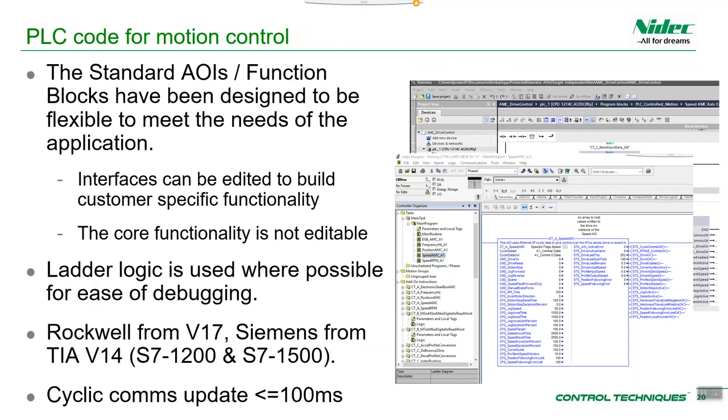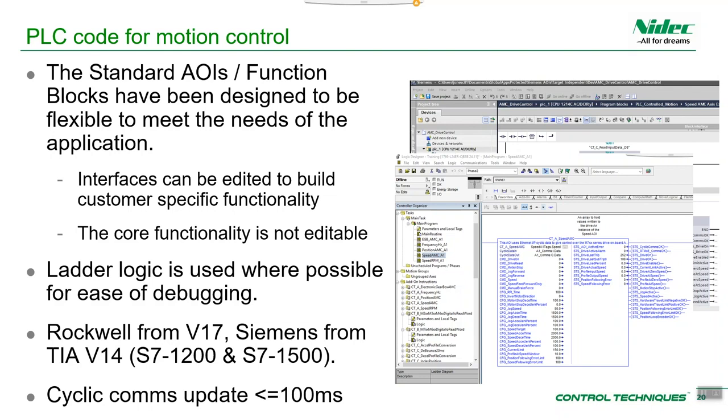The standard AOIs, or function blocks, have been designed to meet the needs of most applications. The interfaces themselves can be edited to a certain degree to allow you to build in custom functionality. For example, the interface that you see here can be fully edited internally if you'd like to make a custom implementation.